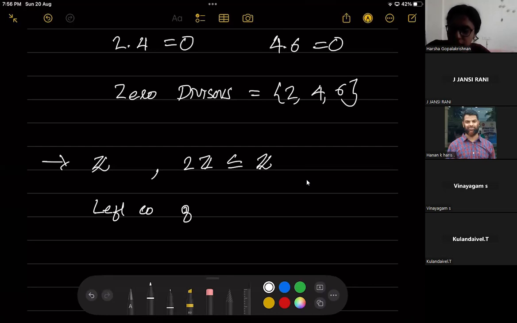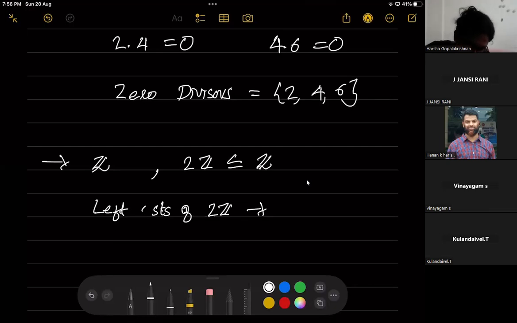One is 2Z and the other one is 1 plus 2Z, right? 2Z covers all the even integers. Now I am adding 1 to it: 1 plus 2Z means adding 1 to each even integer, so it will cover all odd integers. So 2Z and 1 plus 2Z together become Z.